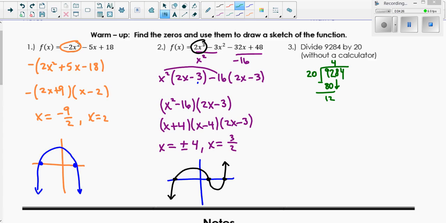Bring down the 8. 20 goes into 128 6 times. 6 times 20 is 120. Subtract, you get 8. Bring down the 4. 20 goes into 84 4 times. Multiply, you get 80. Subtract, you get 4.